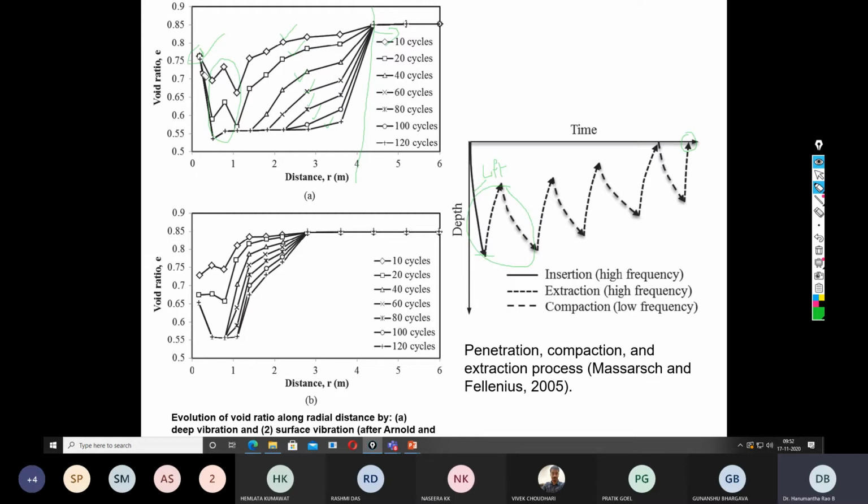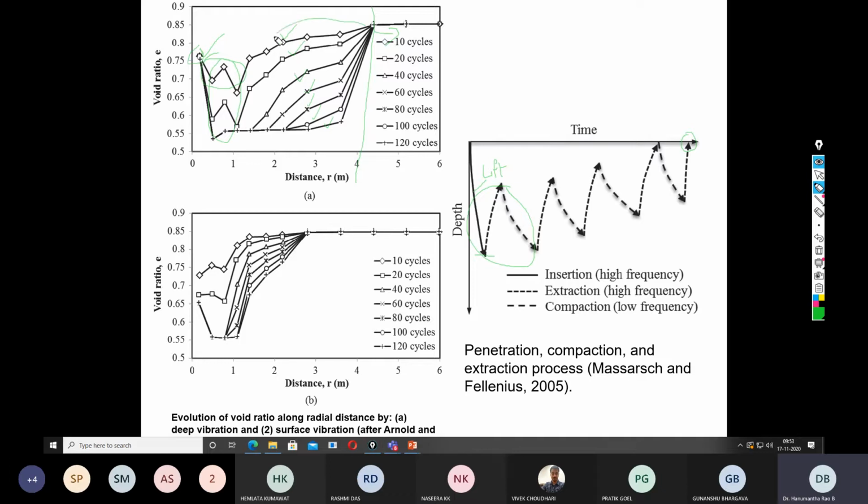When you apply the energy, there is a decrease in the void ratio. This is due to the densification or compaction. But this is happening up to a certain distance, and thereafter the void ratio is as it is, or there is some increase.